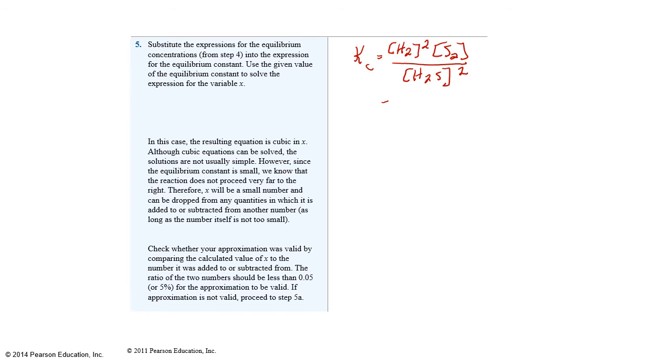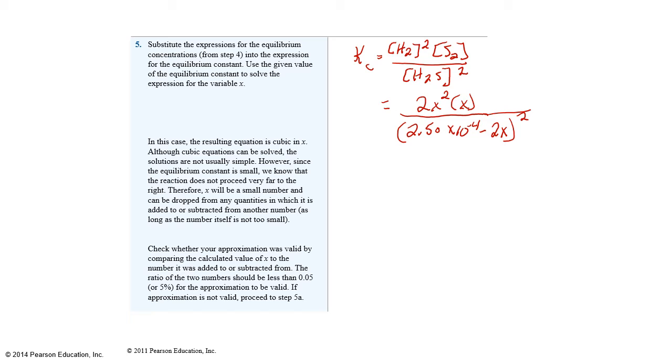If we plug in those values from our ICE table, we get 2x squared times x divided by 2.50 times 10 to the minus fourth minus 2x, and that whole value is squared because that's the reactants.